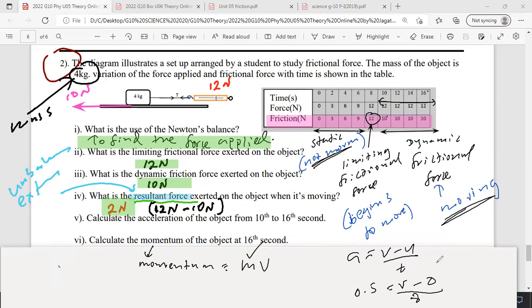Look at how to simplify this: v minus 0 is v, divided by 8 equals 0.5. Then take the 8 to this side: 0.5 times 8 equals v. What is the final answer?